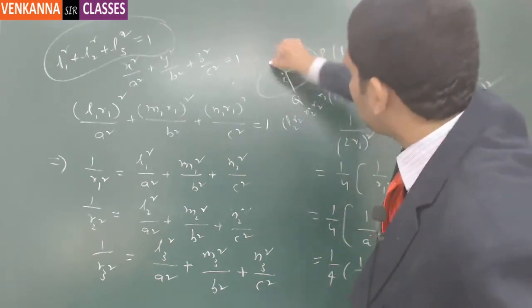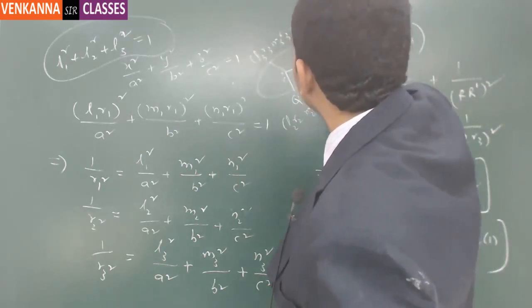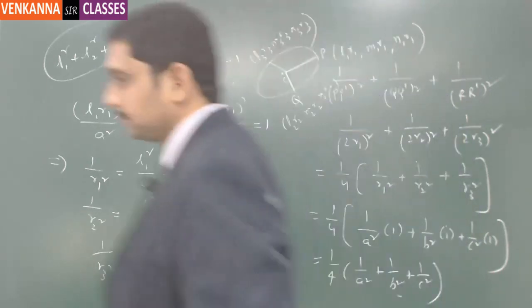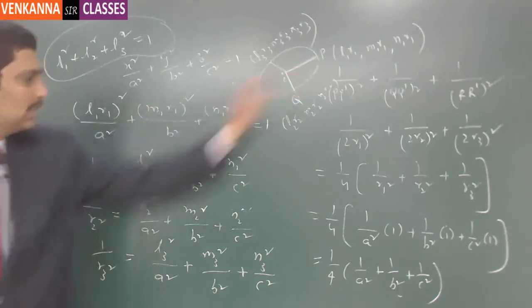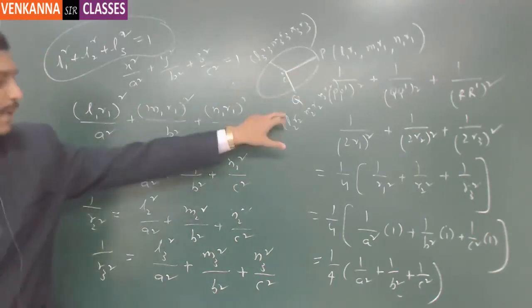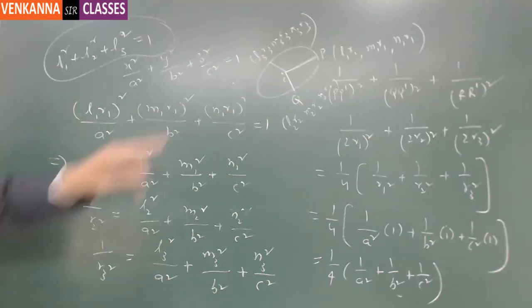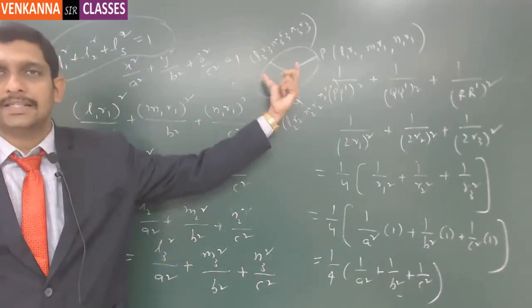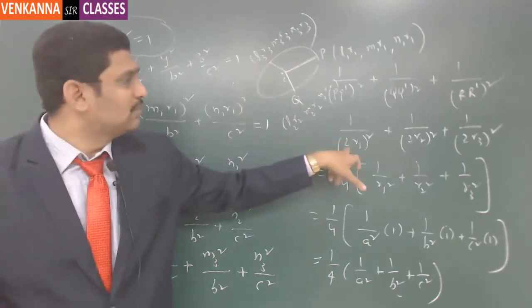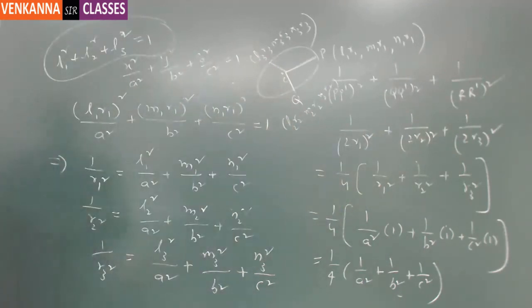If you take the other perpendicular one, it will be L3 R3, M3 R3 and N3 R3. So that I will get 1 by R1 square from this part, 1 by R2 square from this part and 1 by R3 square from this part, substituting the point in this ellipsoid equation. So P, P dash is nothing but double the radius, the diameter value. So this is nothing but 2R1 whole square, 2R2 whole square, 2R3 whole square. Clear now?